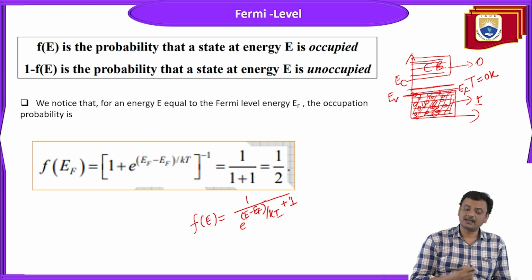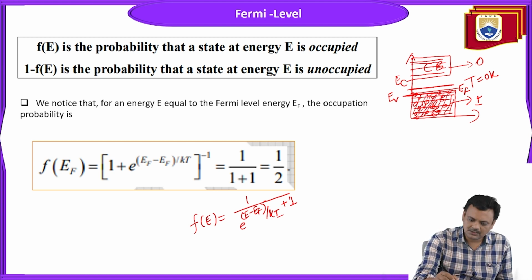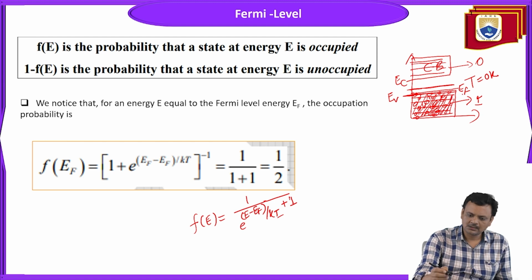But what happens at 0 Kelvin? Definitely all the energy levels which are part of the valence band have less energy than EF.